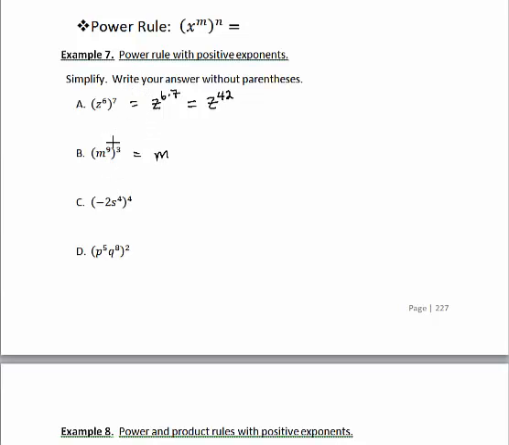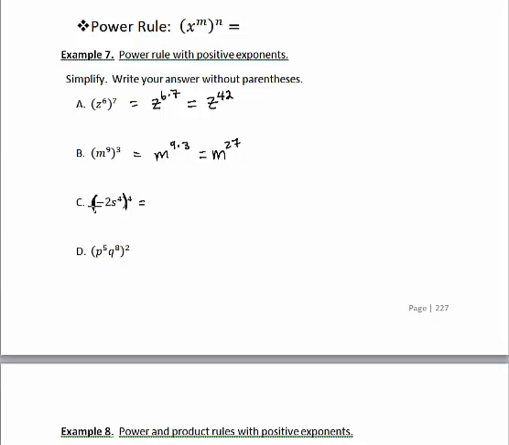So m to the 9th raised to the 3rd power is an m to the 9 times 3. And so in part C we sort of mix it up. We have a minus 2s to the 4th inside the parentheses, and immediately on the outside of the parentheses we have the 4.